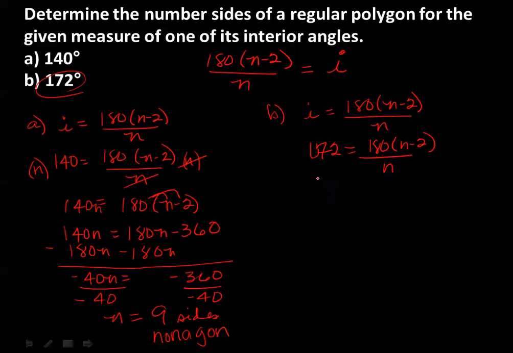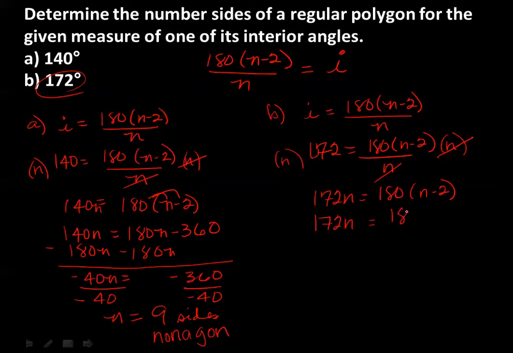And I'm multiplying both sides by n, so I can get that n out of the denominator. And it doesn't really cancel, it just reduces to 1. So I have 180 times (n minus 2). I'm going to distribute my 180. Then I'm going to subtract 180 from both sides because I want to get all my n's on one side and have my constants on the other.